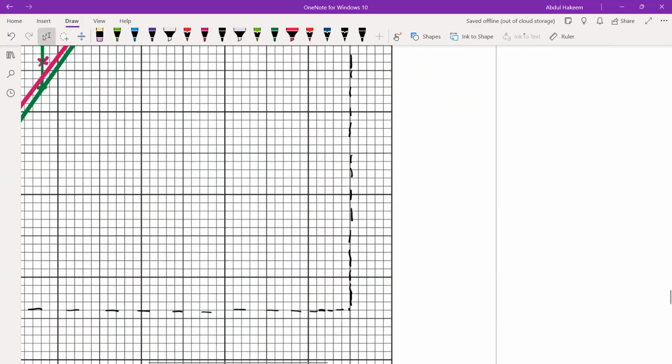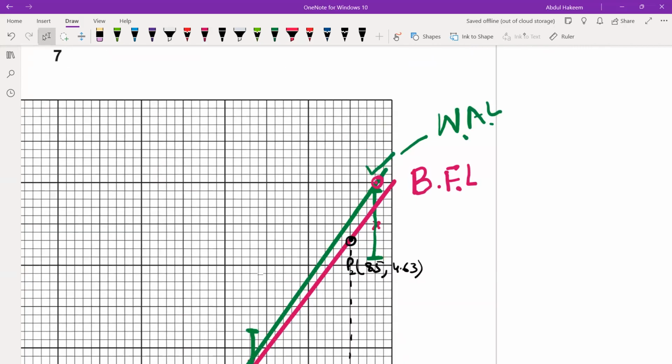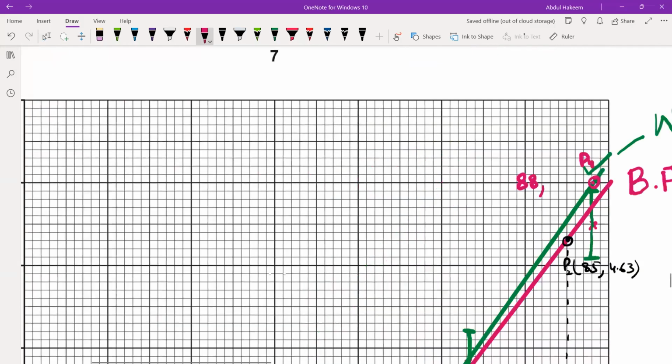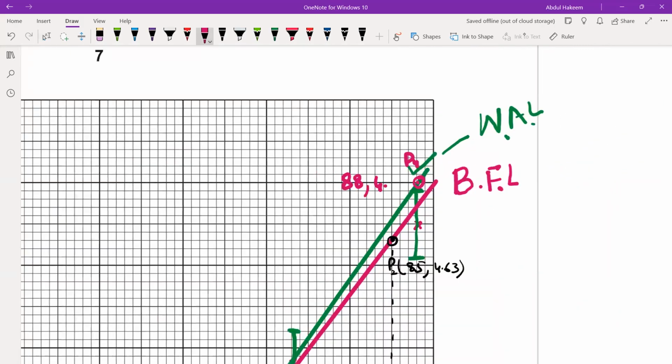And this is at the x-axis, 88. This is your P4. It is 88 at the x-axis, and at the y-axis, it is 4.7. Now you have to join these 2 points again with a dotted line like this.